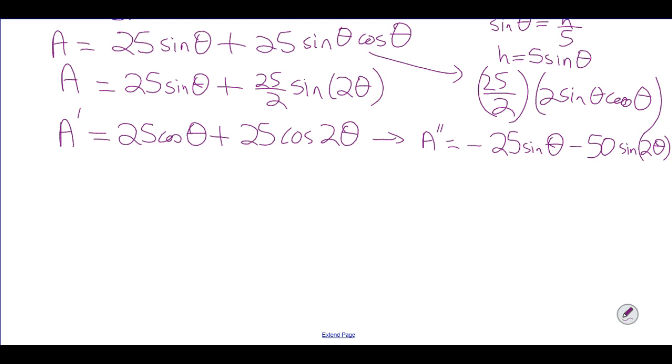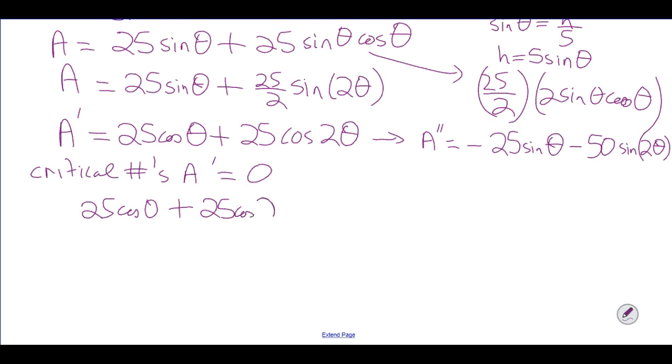Okay, so A prime, critical numbers. A prime equals 0. So 25 cos theta plus 25 cos 2 theta is equal to 0. All right, what are we going to do with cos 2 theta? Turn it into 2 cos squared theta minus 1, right?